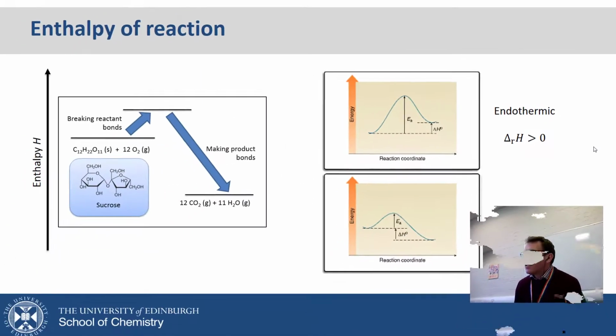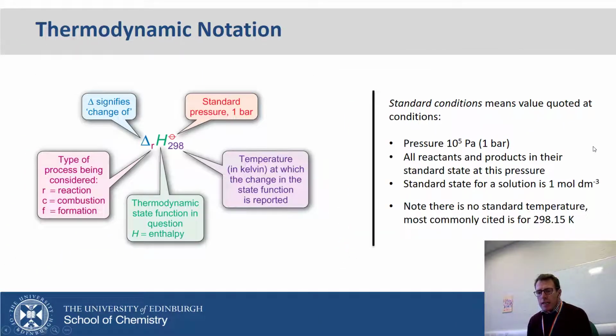So this thermodynamic notation essentially allows us to write out a change or a description of change using very concise notation. We have our delta symbol indicating change, the type of process being considered, the thermodynamic quantity itself we're talking about, and the Plimsoll indicating we're under standard conditions, and here on the right you'll see what the standard conditions are.